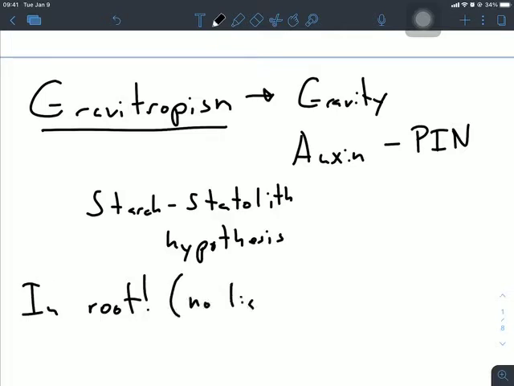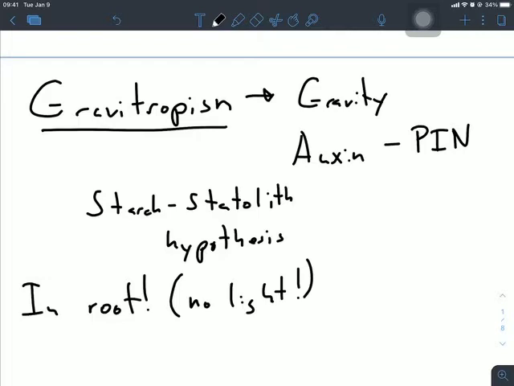No light. So light will not be the signaling molecule, will not be the source of changing auxin gradients in the root, and therefore gravitropism, because they're not used, or they're not present underground. The root, which is also very sensitive to auxin, will instead have a different response to high concentrations of auxin.